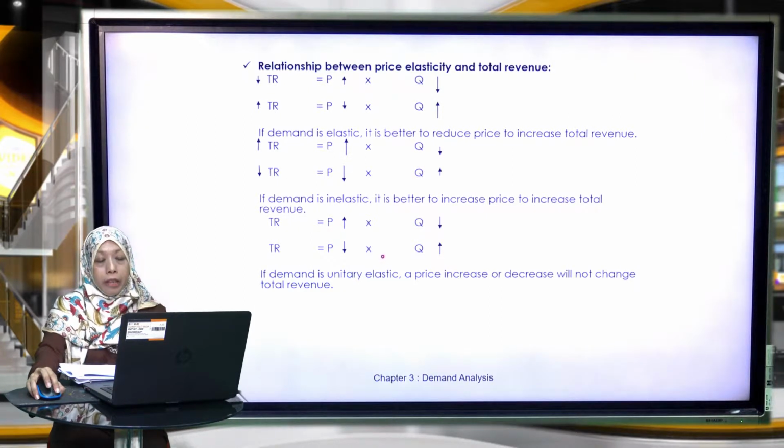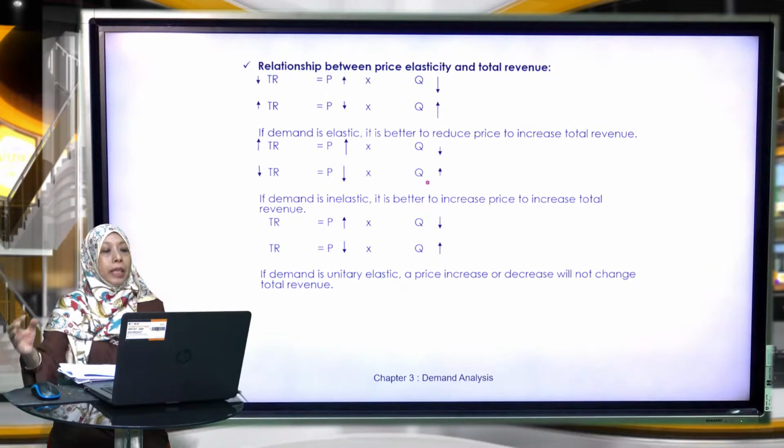So if you have found out that your demand is unitary elastic, then don't bother to introduce a price discount or increase price, because it simply won't affect your sales.